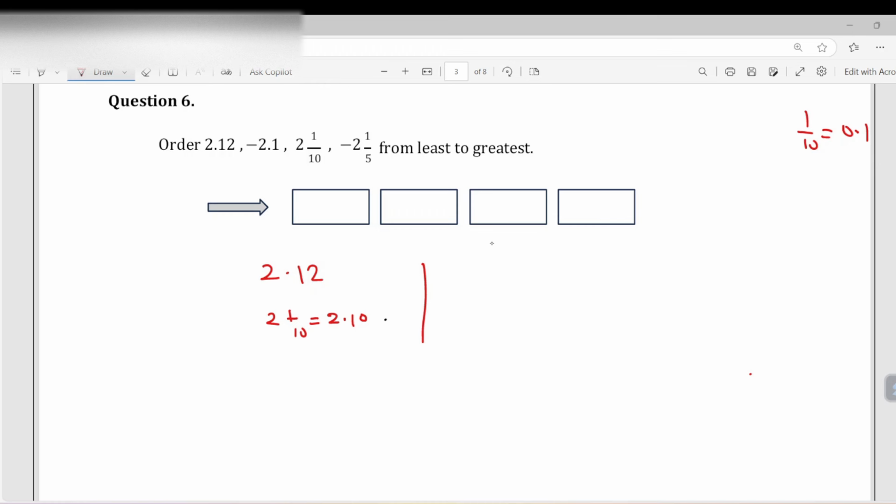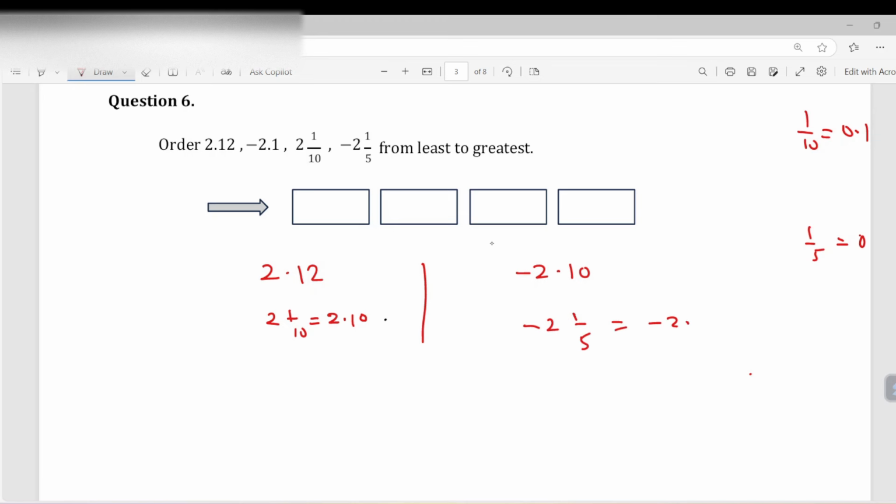And another point is minus 2.10 and 2 1/5. 1/5 is 0.2, so minus 2 1/5 is minus 2.20. Now the least, the smallest number means the one that starts with the negative. The negative is minus 2 1/5.